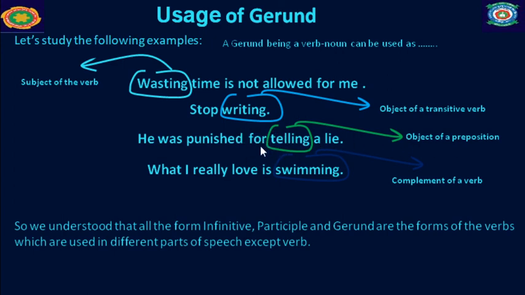If you see any preposition and after it any word, that is the object of a preposition, and it's also a complement of a verb. In "What I really love is swimming," the word expresses full meaning, so this is the complement of a verb. I hope you have understood.